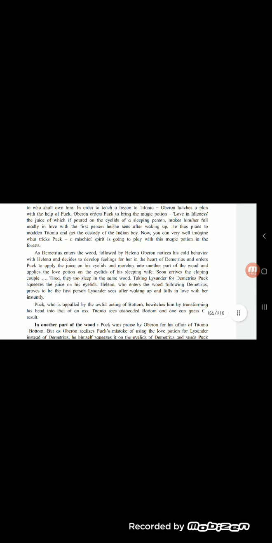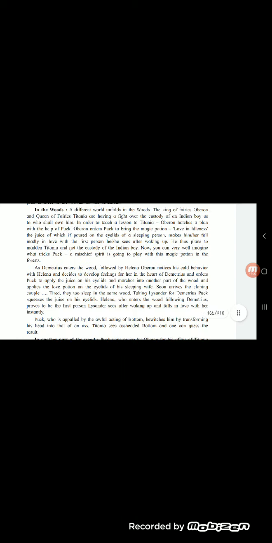So Oberon decides to teach his wife a lesson. So this is what is going to happen. How is he going to teach her a lesson? He tells his servant Puck, remember that character which I told you, to bring a flower, love in idleness.